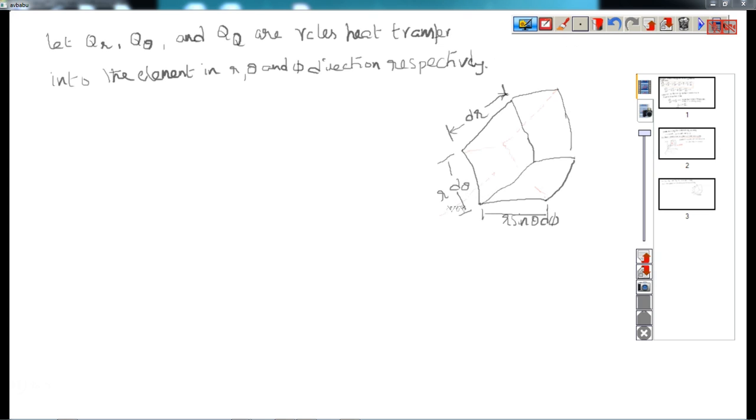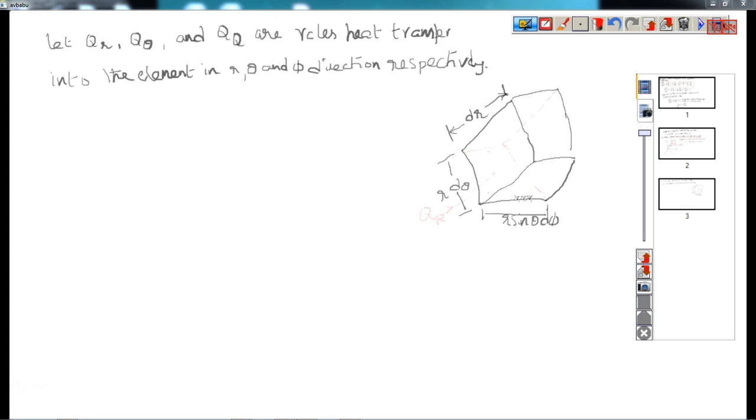This is Q r. Then the area which is normal to this Q r is this one. Okay, what does it mean? The area normal to the direction of heat transfer is equal to r d theta into r sin theta d phi.